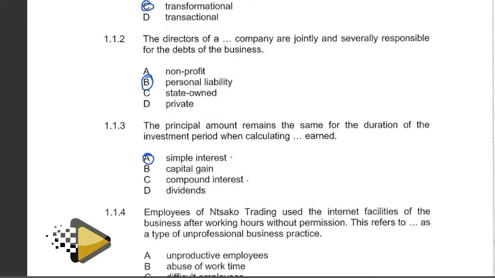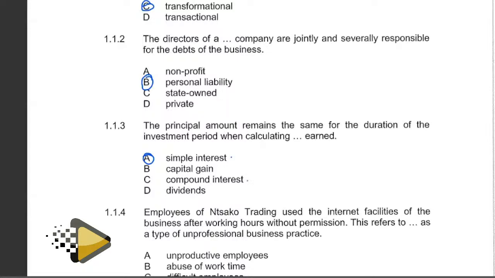So it means the appropriate answer in this regard is going to be A. While with compound interest for the second year, yes, the principal amount now is going to be combined with whatsoever interest for the first period. Okay, right, grade 12. So now let's check 1.1.4. 1.1.4 reads as follows.